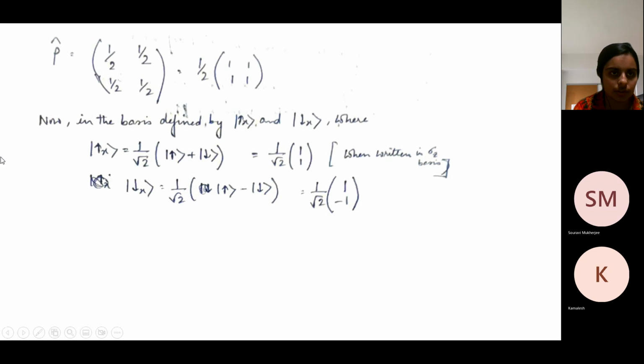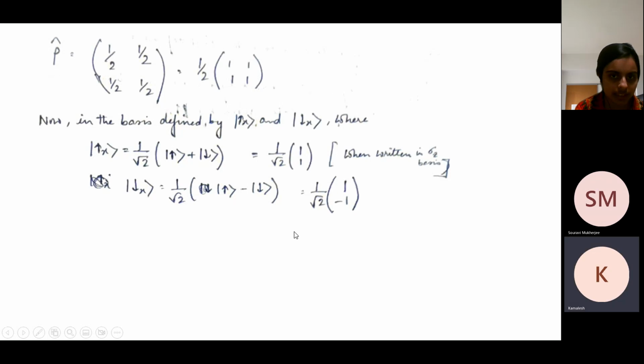This is your density matrix in plus z minus z basis vectors. And then your new basis vectors, which we are defining as up x and down x, are written as superpositions of the old basis vectors. So if you write it in terms of column matrix, you write it something like this, correct? Here you are writing the new basis in terms of the old basis vectors. Is this clear?